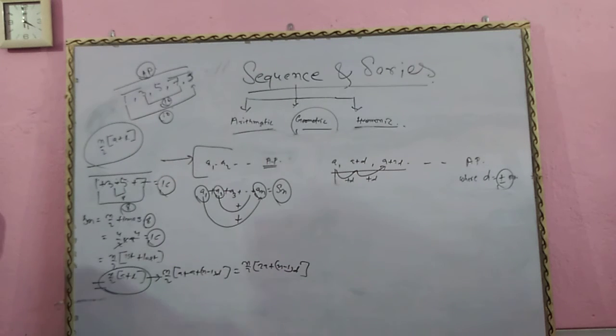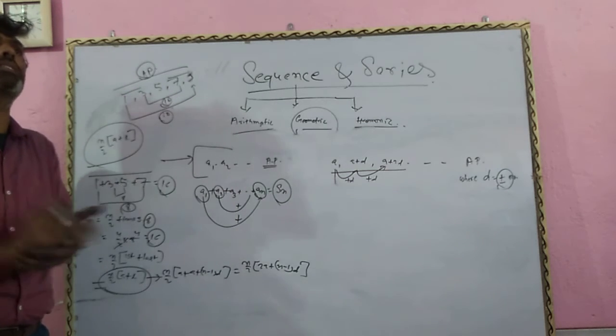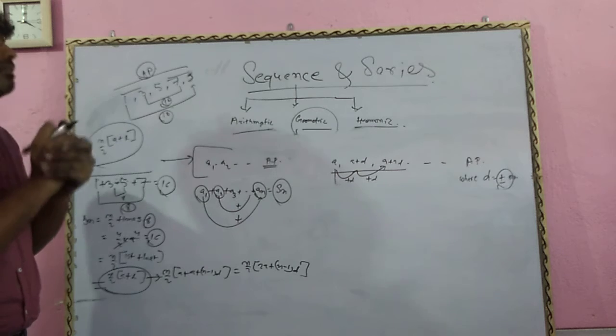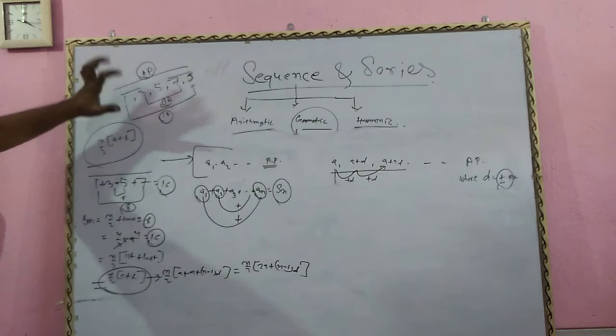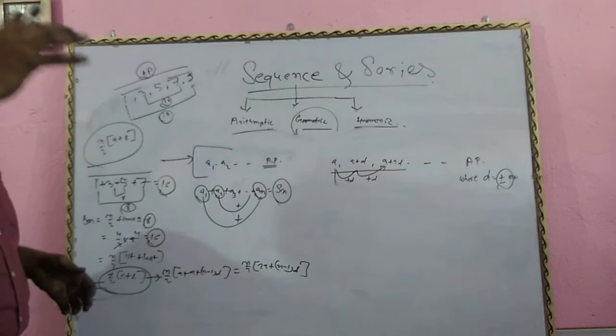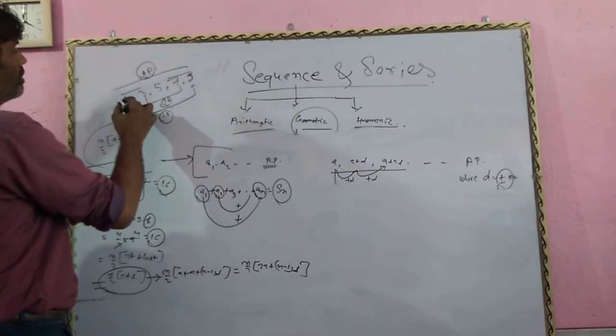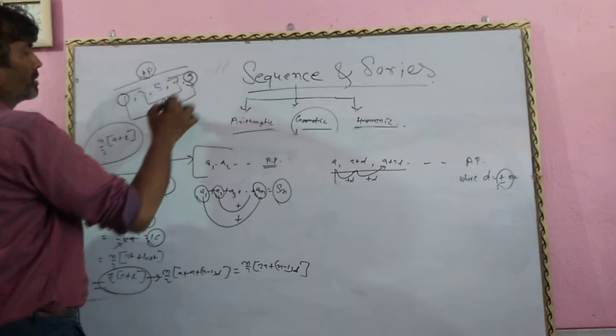Okay? And we conceive that, yes, it's okay. If there are n terms, then n upon 2 pairs will be there, where each pair adds up to a fixed quantity, a fixed number. Okay? Means first term and last term, 10.